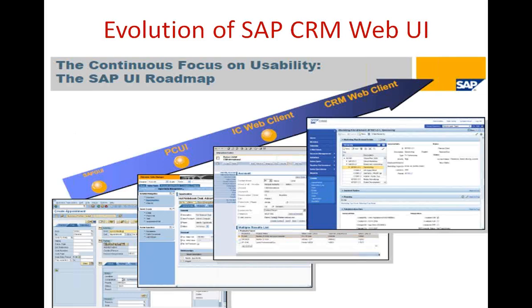Coming to the evolution of SAP CRM Web UI. So these are the user interfaces I was talking about. SAP GUI is at the very beginning. The client and even the implementers, both the technical people and the functional people, had to use GUI as a medium to do the customization and coding, and the client also had to use the GUI.